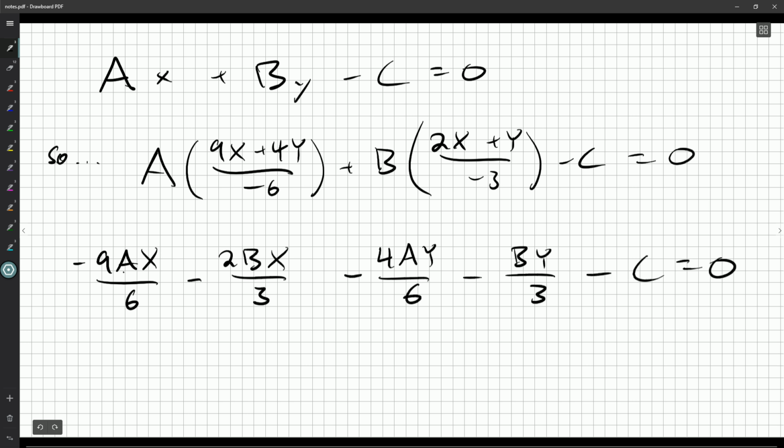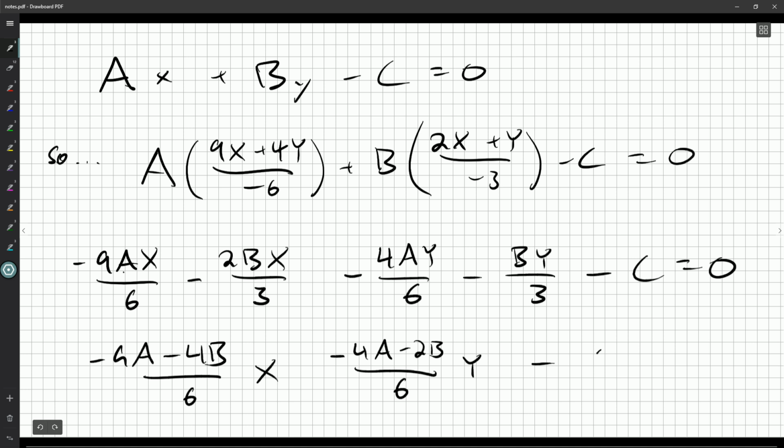Let's take out the x's and get a common denominator. So minus 9a minus 4b over 6 x, minus 4a minus 2b over 6 y, minus c is 0, and this is a line. This is a brand new line.